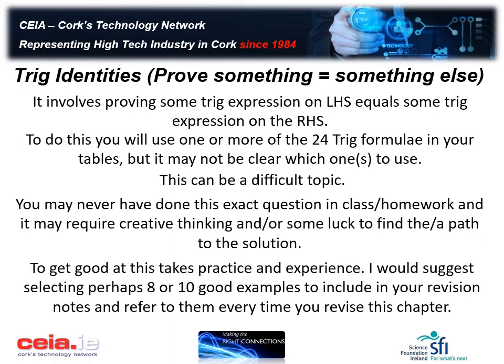And from a revision point of view, I would suggest when you're doing this chapter in class, as you go through examples of different kinds of this problem, keep 8 or 10 of them as worked out examples, and photocopy them and put them into your revision notes or folder, and then refer to these as examples each time you revise this chapter.